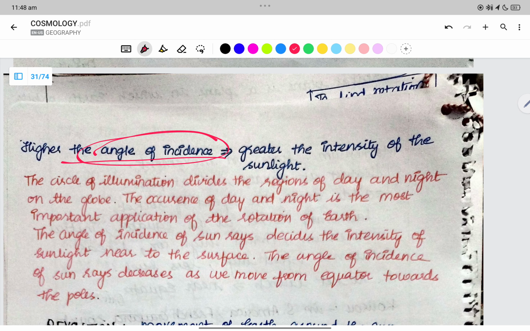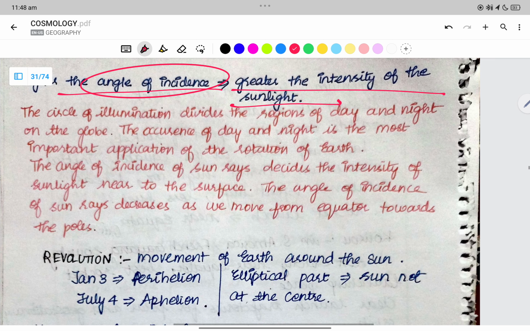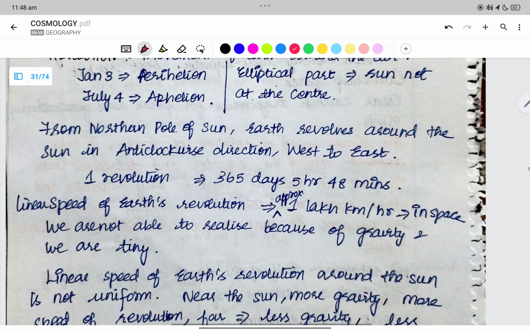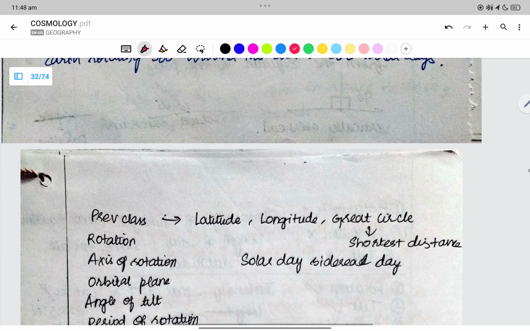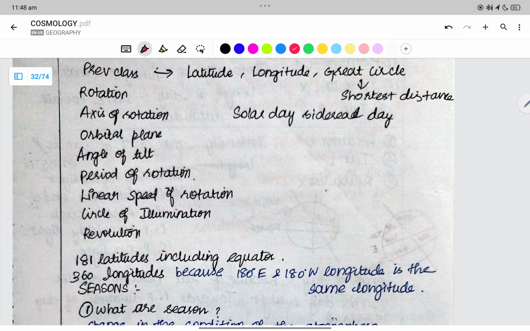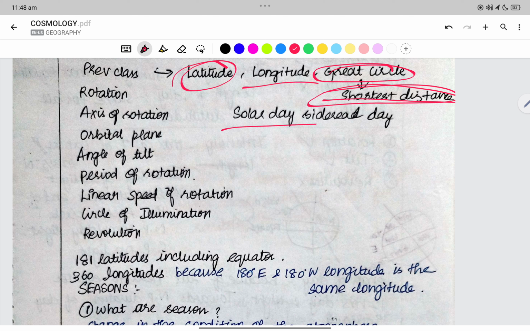Higher the angle of incidence, greater the intensity of the sunlight, right? I think the same page has come over here. Now we have dealt with the latitudes, longitudes. A great circle was used for the shortest distance.